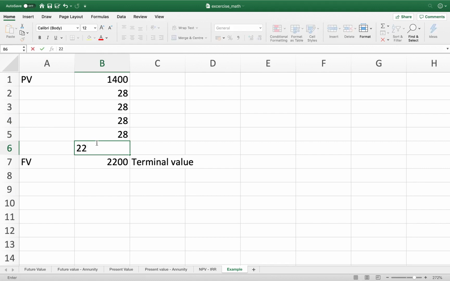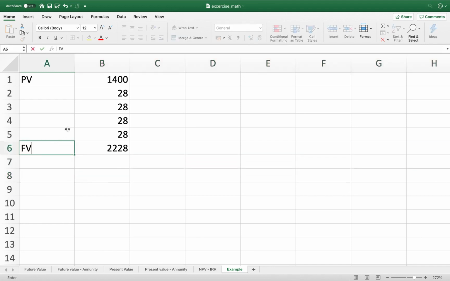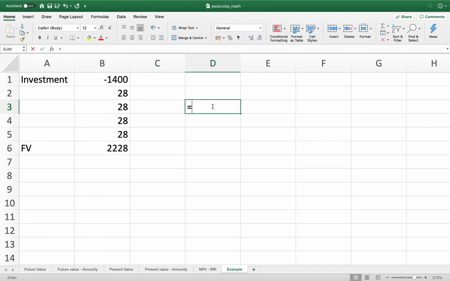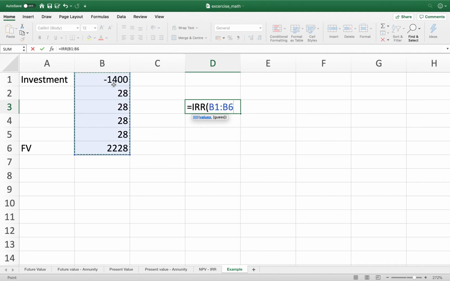So 2228 rupees is something he would have got. So the present value, or the investment value, I can say in this case, is minus 1400, and now I have to calculate what is the IRR for this investment in the last 5 years.